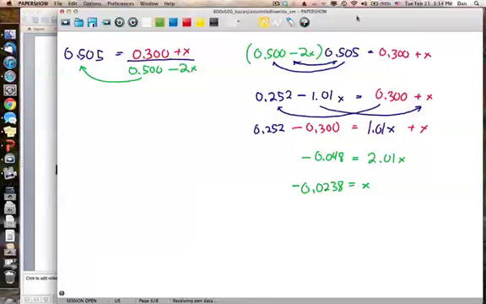Right? So the temptation here is to stop and go, yay, this is the answer. But that's not the case. No. x is just the change represented by the course of the reaction.